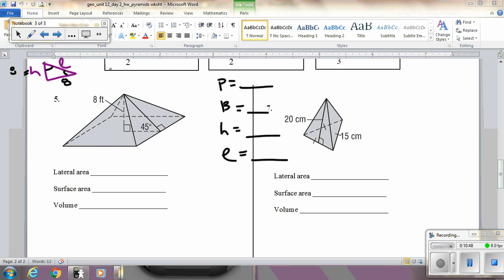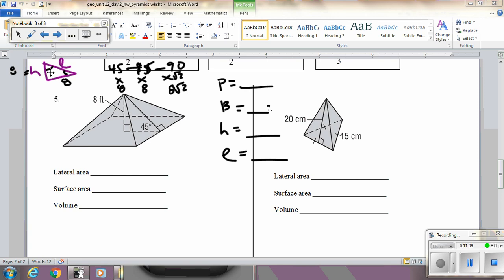And based on the pattern for 45, 45, 90, it's x, x, x root 2. So in our situation, it's 8, 8, 8 root 2.